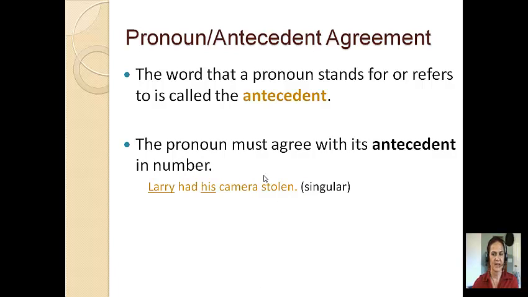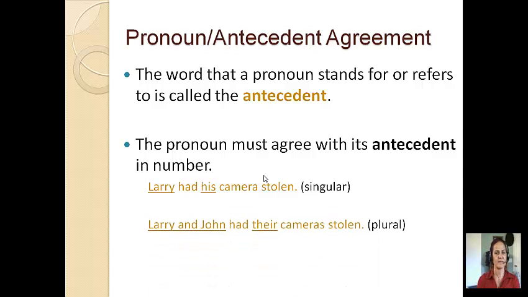Example, Larry and his camera. Larry had his camera stolen. So Larry is a singular subject, singular noun. His is a singular pronoun. Whereas we have Larry and John had their cameras stolen. Now it's plural. A plural subject needs a plural pronoun.